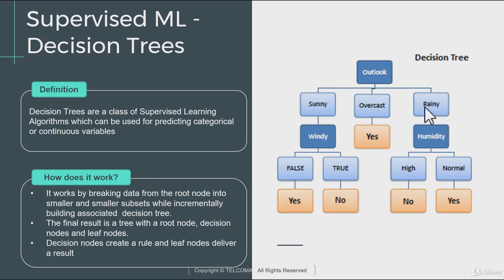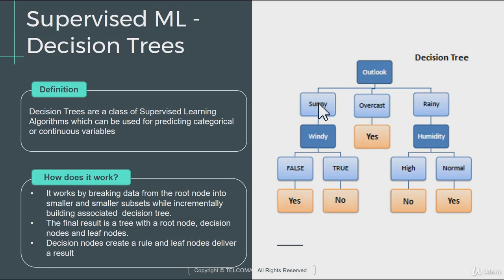And over here, out of rainy, which is again 40, let's say 20 would be yes and 20 would be no. Since all of the answers are yes here, there's no need to go further. So we stop the algorithm for this node. This would be a decision node and this would be the root node.